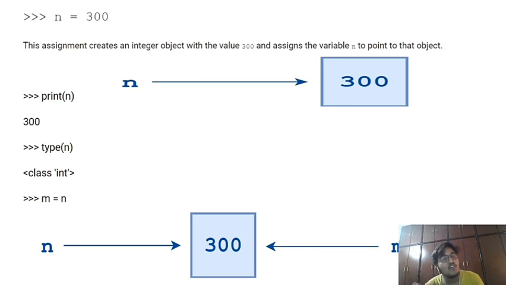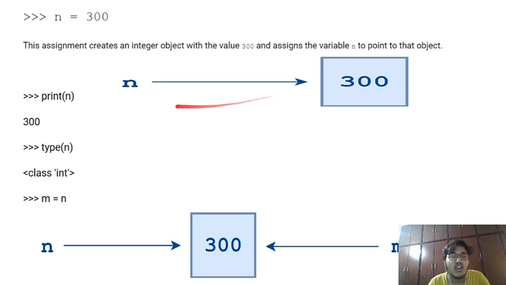If you buy a cot or any object, first you find it, and after buying that object, you put it into your house. After creating the object, that name is assigned. N is a name that is assigned to that object.